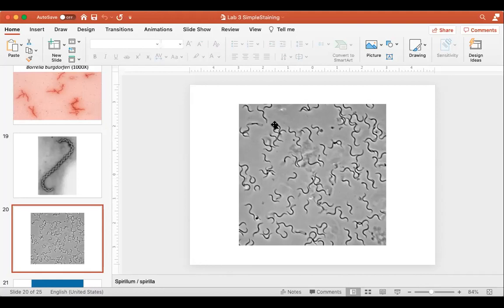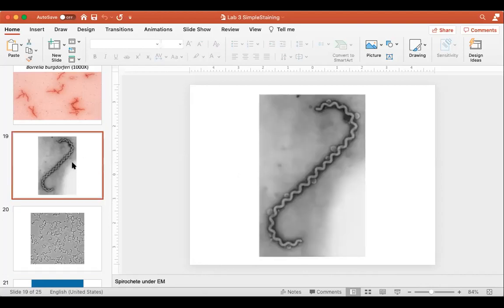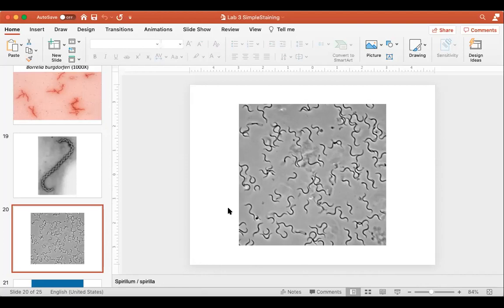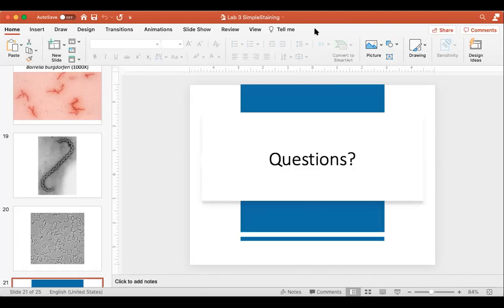The other thing about bacteria that have a spirilla shape, they're not as long as spirochetes, and they're much stiffer. They don't have the same sort of spaghetti softness that spirochetes have. So they're very similar in their shape, and they're easy to confuse. But a spirochete and a spirillum are two different shapes. Any questions?